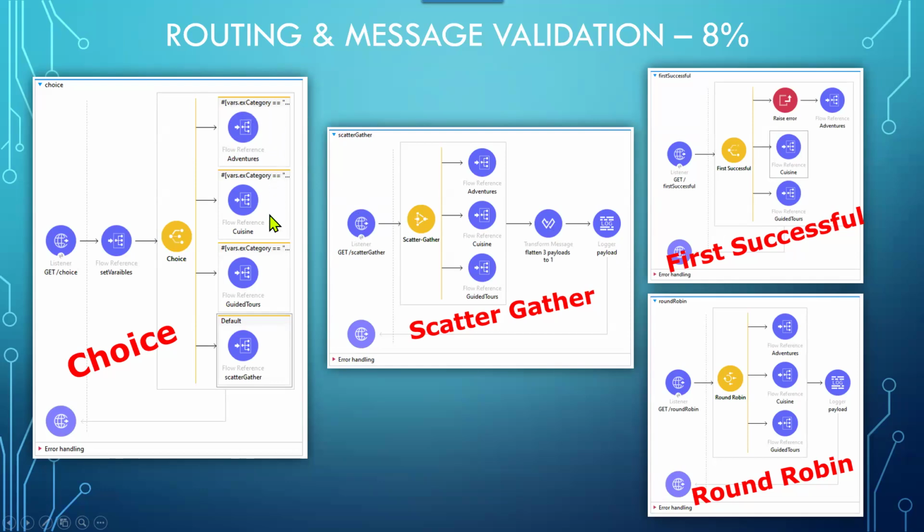Then if none of the criteria are matching, then we'll go down to the default and this will automatically run. So whatever you do here is going to be, you know, either to mop up, hey, you didn't send in the correct values to hit a route, or you might want to go give them all.